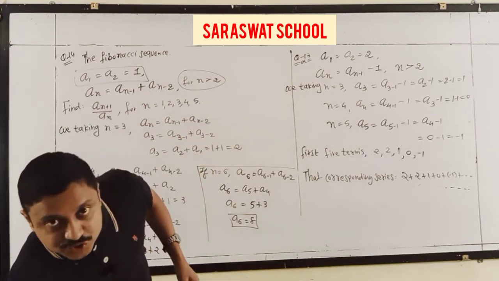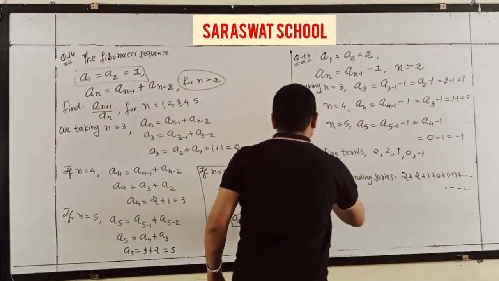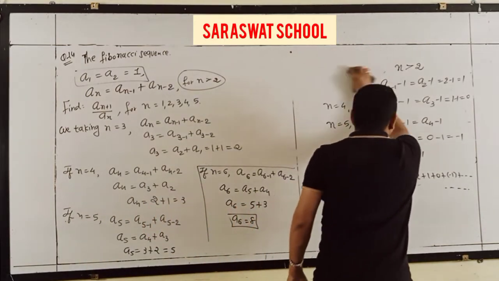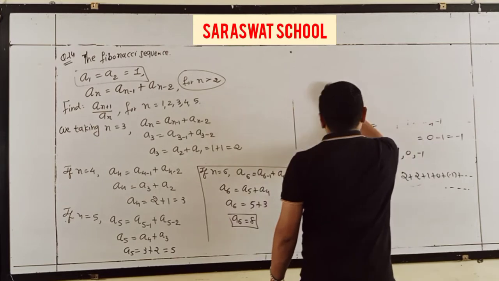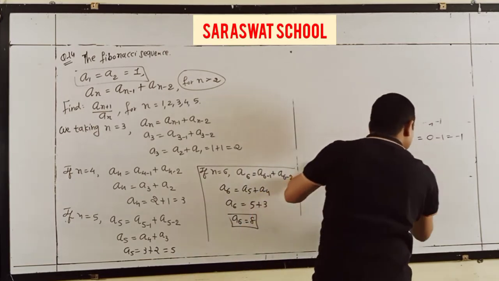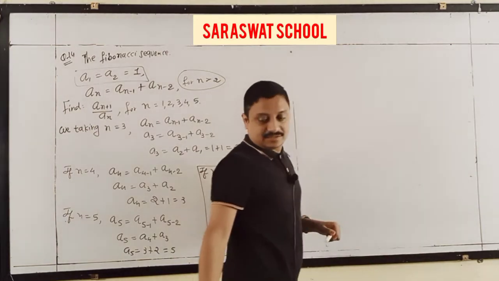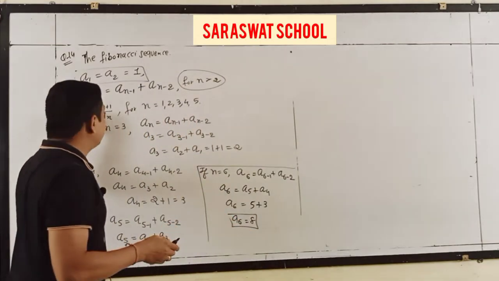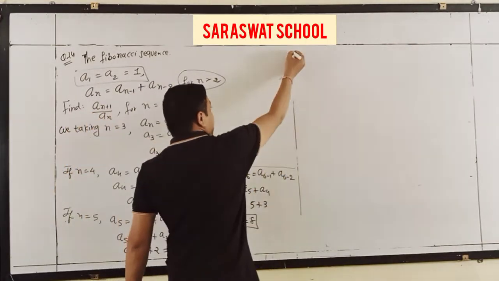Now students, actually start our sum. Yes, from A1 to A6, all values are now known. So I respectively start my solutions regarding An plus 1 by An.